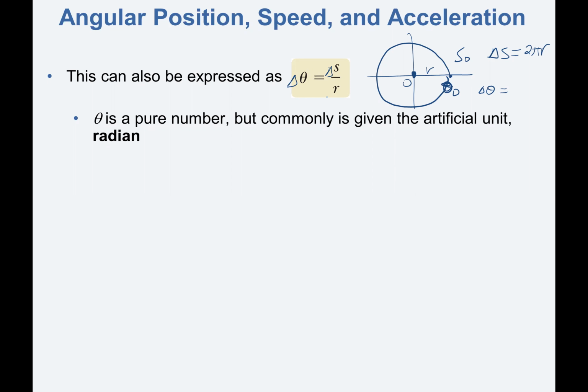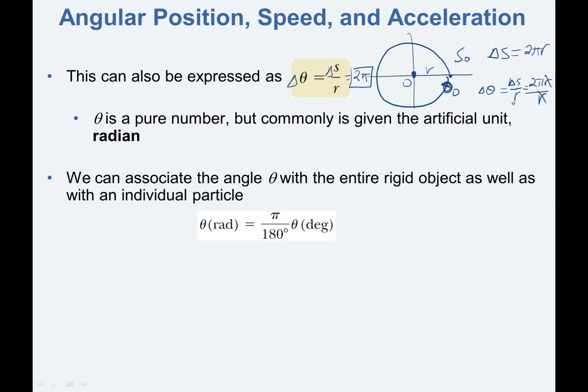So delta theta is delta S divided by R. But for one cycle, delta S is 2 pi R, and then you divide that by R, and you can see that delta theta for one full cycle is just 2 pi, which is something you should have known at this point. So when you go around one time in radians, that's a 2 pi displacement. And you can see that from this particular equation.